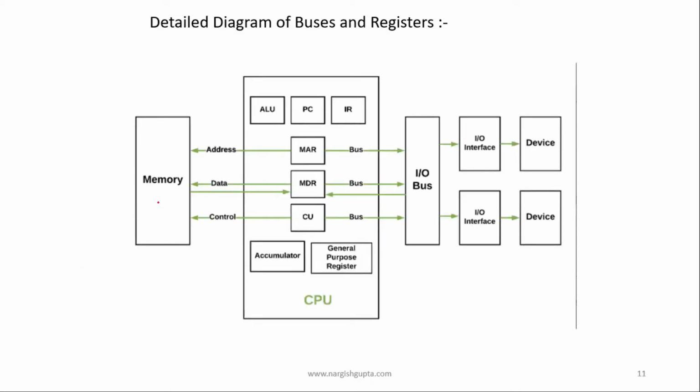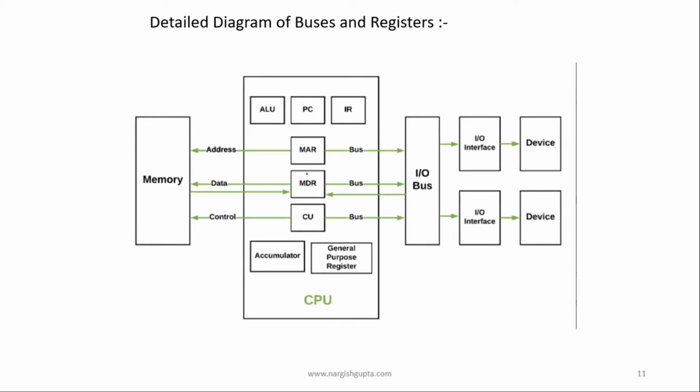Here we can see the diagram of how these components are connected with each other. As I have said, the CPU consists of control unit, memory data register, memory address register, arithmetic and logic unit, program counter, instruction register, accumulator, and some general purpose registers.